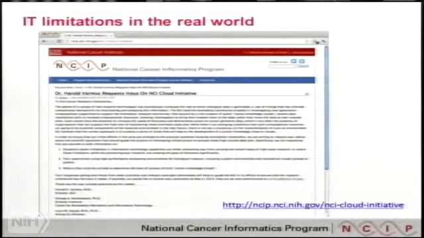Also, experience with high-performance computing, including clouds and commodity clouds, as well as dedicated high-performance environments. And then a set of metrics that could be used to assess, if we were to build a cloud, which I'm going to talk about in a minute, how we can measure success.